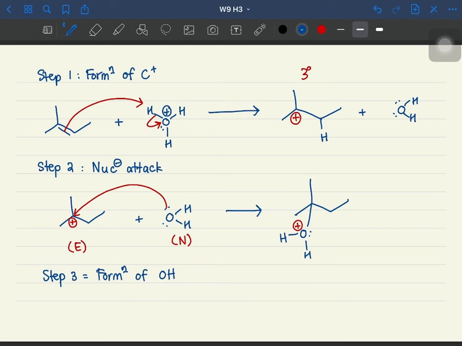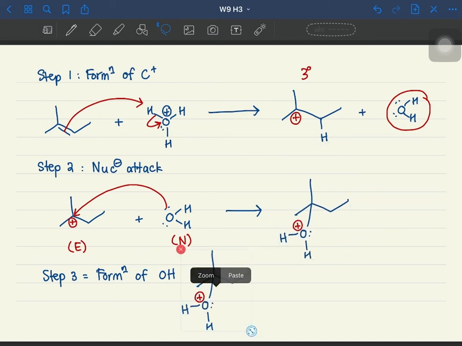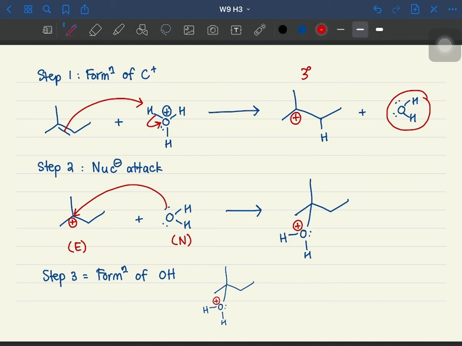So now, since we have this H2O regenerated from the acid catalyst, we're gonna have them as the nucleophile. So we're gonna react this structure here. Let's say I'll copy this and then bring it here just to show you once again. Make it slightly smaller, and then we're gonna react them with water.